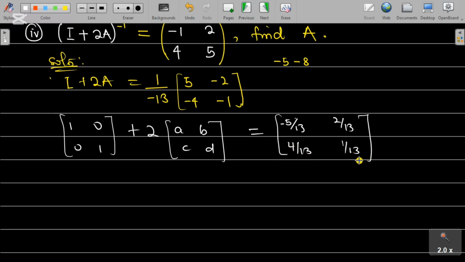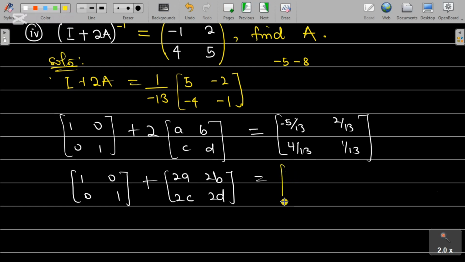If I have achieved this, what I need to do is open the bracket here, which will give you 1 0 0 1, plus, if you bring in 2 here, 2A, 2B, 2C, and 2D, is equal to this from earlier. Here we will have -5 over 13, 2 over 13, 4 over 13, and then 1 over 13.